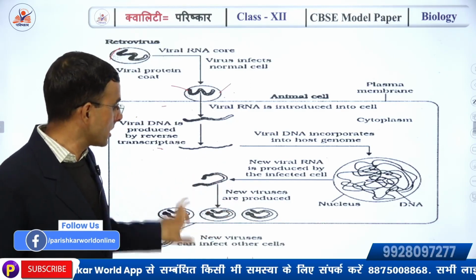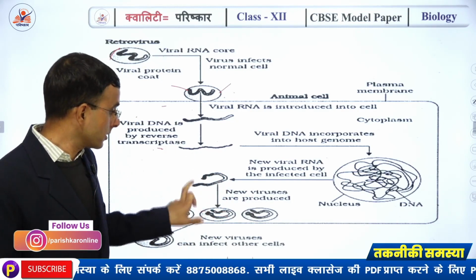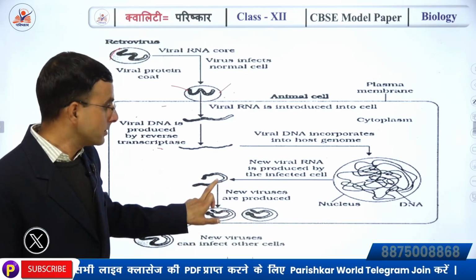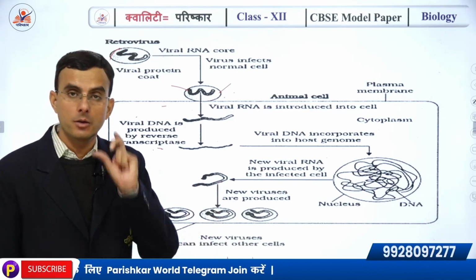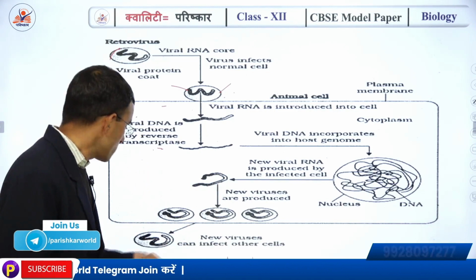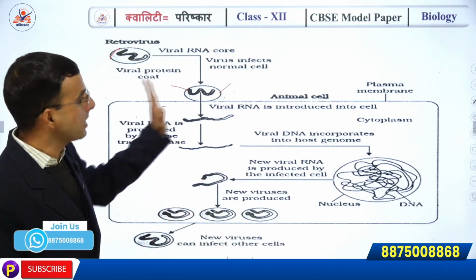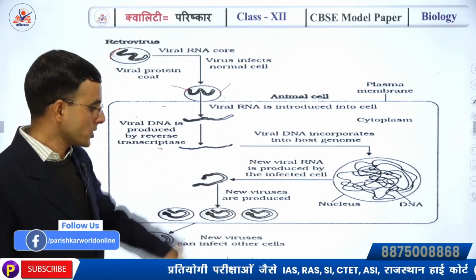These proteins cover the viral genetic material, converting it into new virus particles, and these virus particles are released from the cell. So that is the life cycle of a virus in an animal cell.